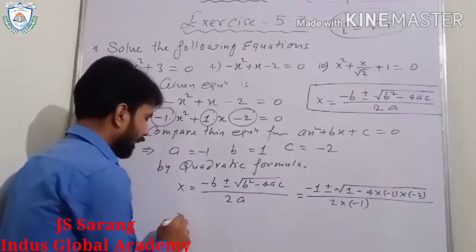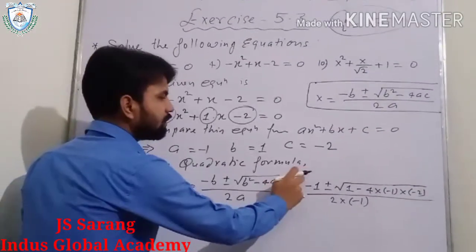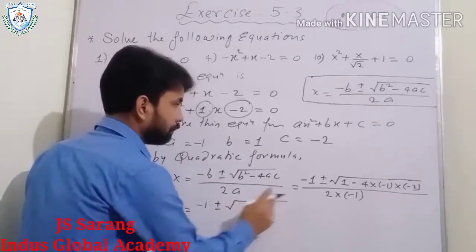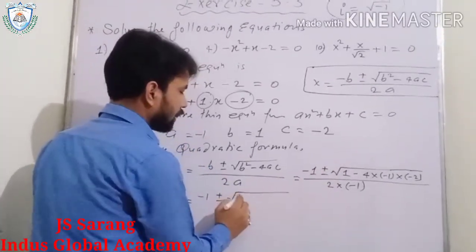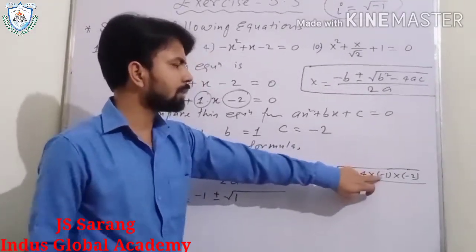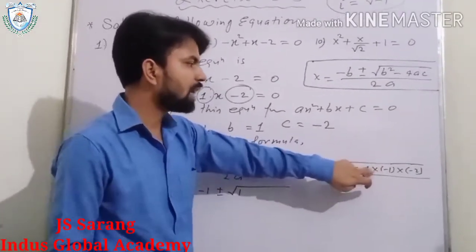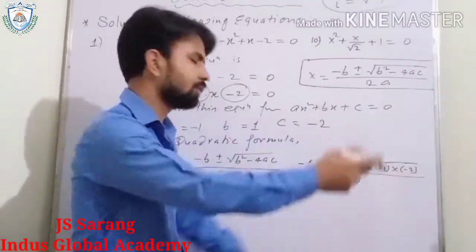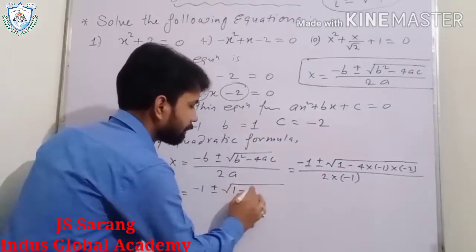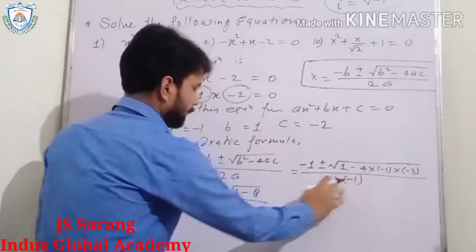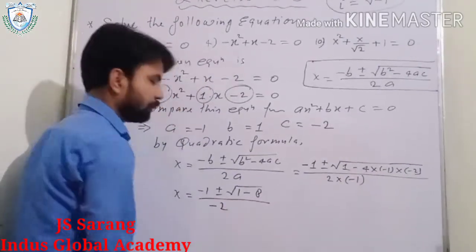Now see, x equal to minus 1 will remain same plus minus under root b square means 1. Now see, minus 4 into minus 1, minus into minus plus, 4 ones are 4, plus 4 into minus 2, plus into minus, minus 4 twos are 8. So 1 minus 8 upon 2 into minus 1, that is minus 2.